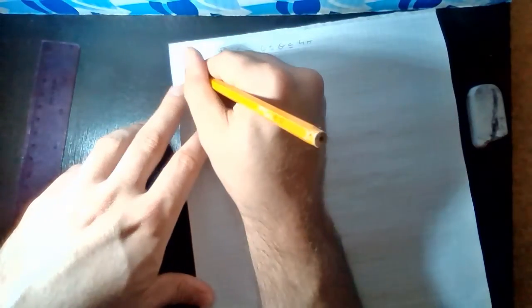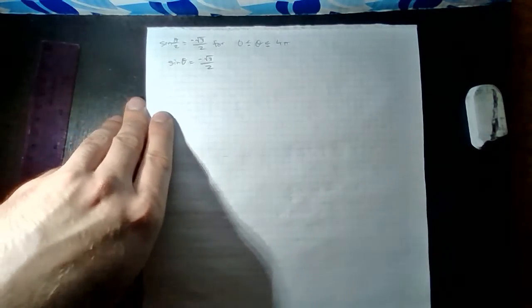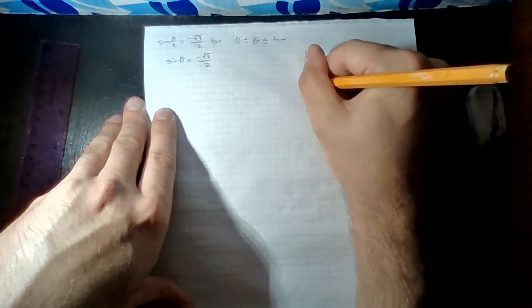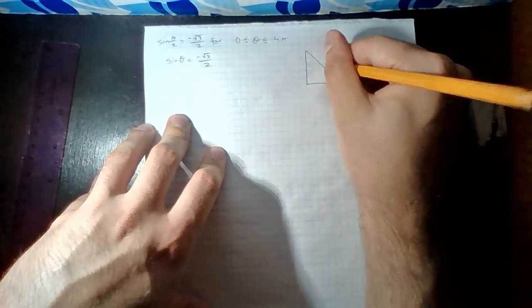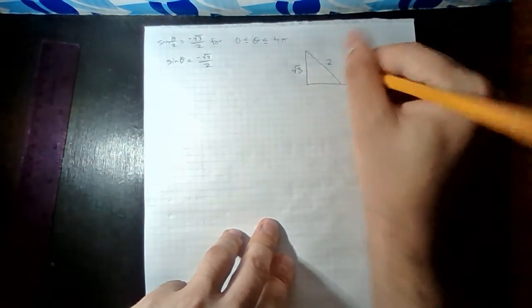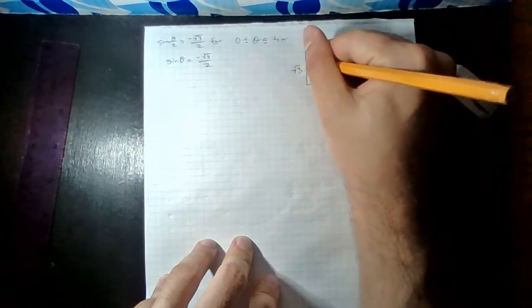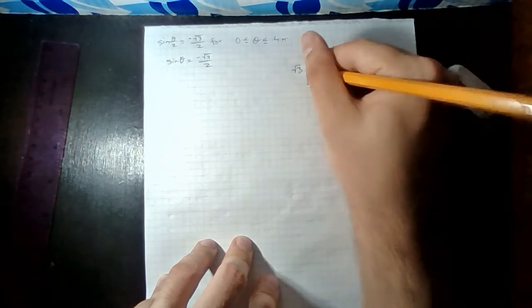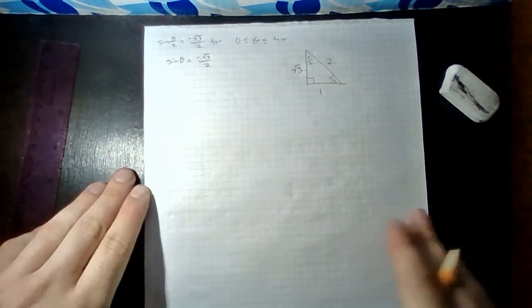So if we look at sine of theta equals -√3 over 2, our special triangle that is important for this one was our √3, 2, 1 triangle, which had a pi over 6, a pi over 3, and a pi over 2 angle.